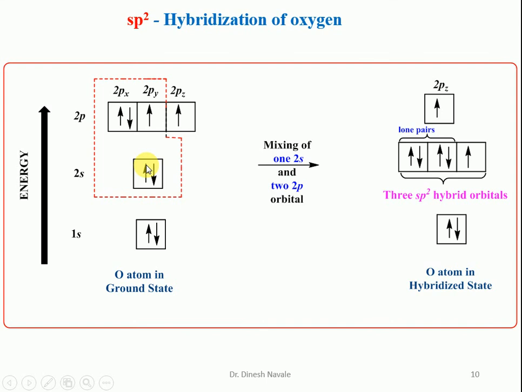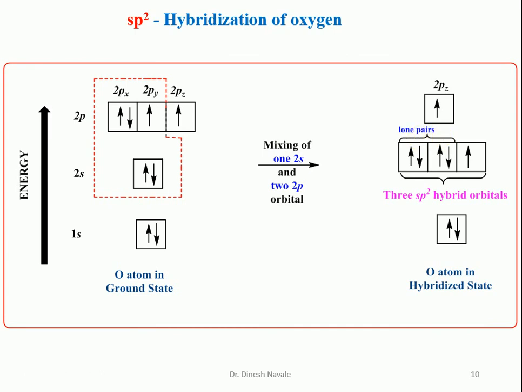So the mixing of one 2s and 2 2p orbitals will give the formation of sp2 hybridized orbitals. There are a total of 3 sp2 hybridized orbitals formed, out of which 2, like 2s and 2px, contain pairs of electrons. So these are the lone pairs of electrons present on the oxygen atom.